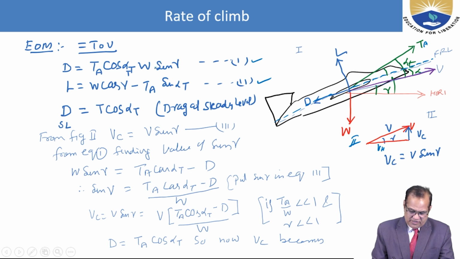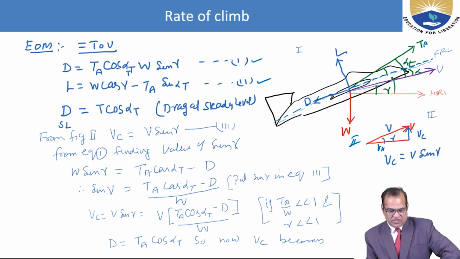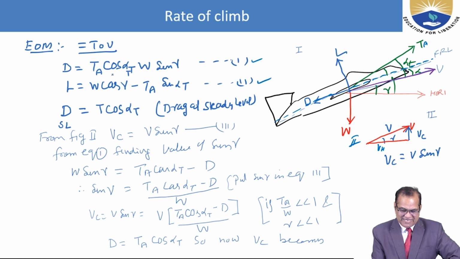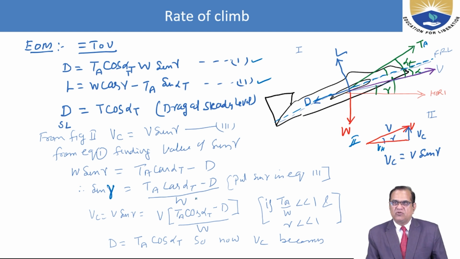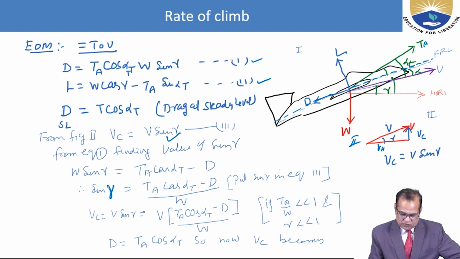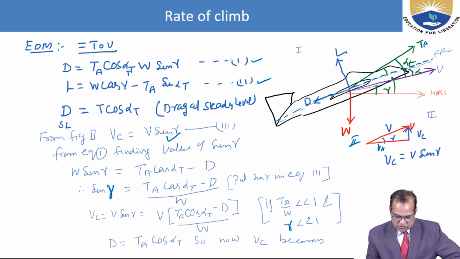From equation 1, finding the value of sine gamma: W sine gamma is equal to TA cos alpha T minus D, so sine gamma is equal to (TA cos alpha T minus D) by W. Putting this sine gamma in equation number 3, VC is equal to V (T cos alpha T minus D) by W. We can write that if TA by W is less than 1 and gamma is also small, then D is equal to TA cos alpha T.